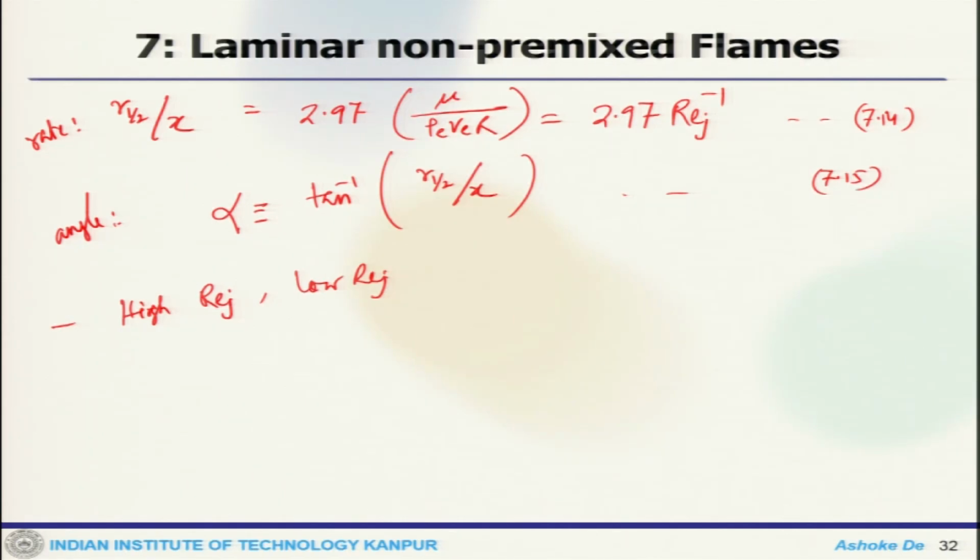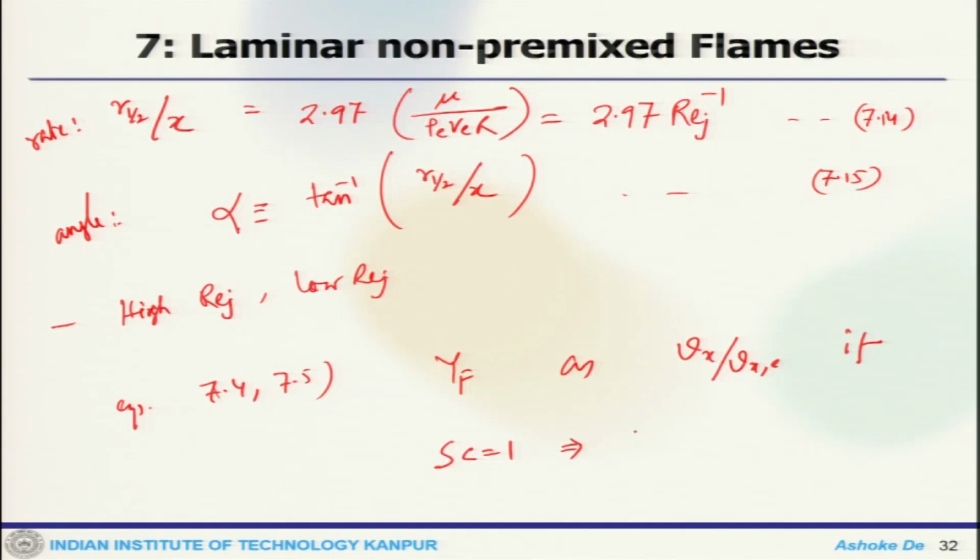Now, we also know that when you look at the two equations 7.4 and 7.5, Y_F plays the same mathematical role as Vx by Ve, if Sc is 1, that is the Schmidt number, which means nu by D is 1.